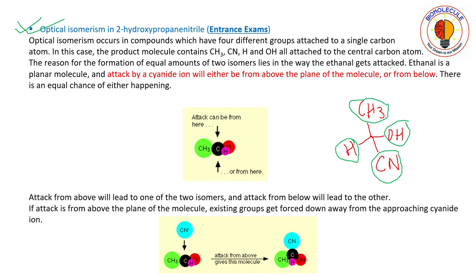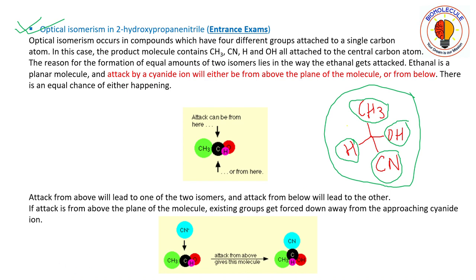The reason for the formation of equal amounts of 2 isomers lies in the way that ethanal gets attacked. You can see here, if you want to form this cyanohydrin, what is the reaction? You break this hydrogen and cyanide from this cyanohydrin.